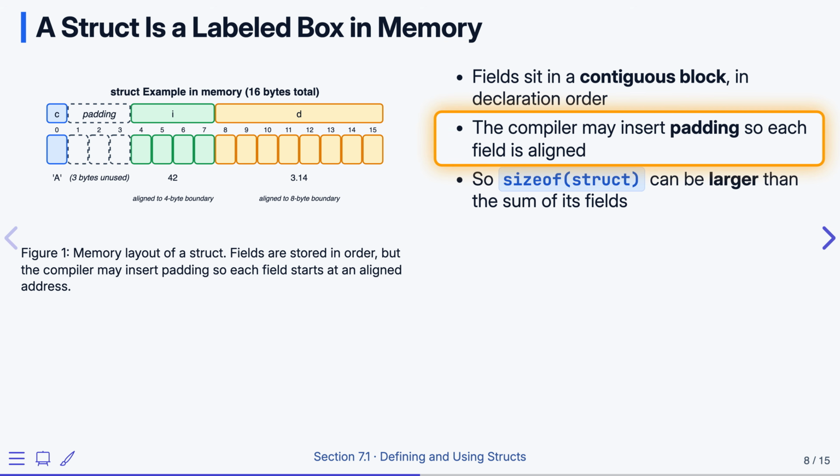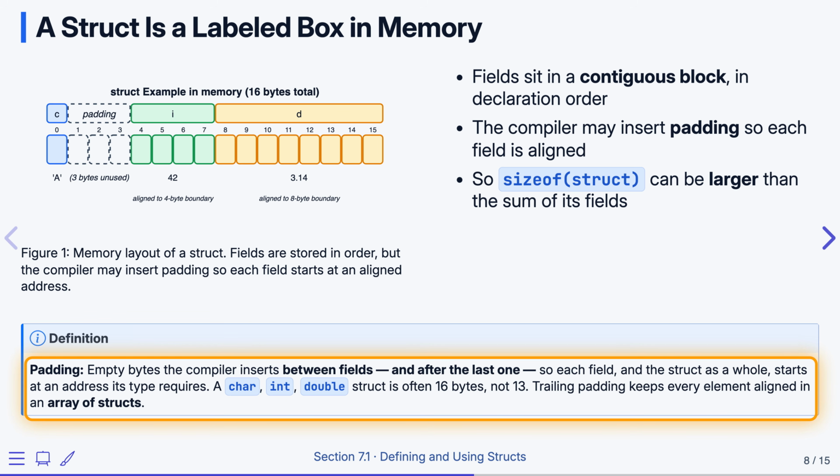After the 1-byte char, the compiler inserts 3 padding bytes before the int. This padding lets the int start at an address divisible by 4, and the double at an address divisible by 8, which the CPU reads faster. So the size of the struct can be larger than the sum of its fields. 1 plus 4 plus 8 is 13, but this struct is actually 16 bytes.